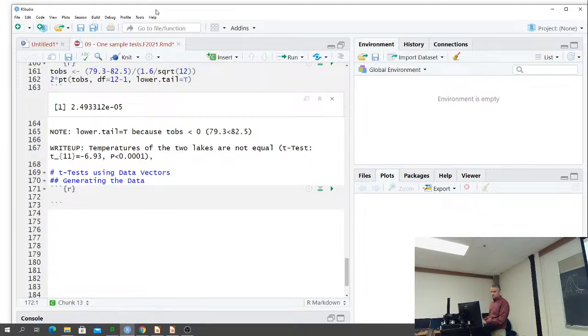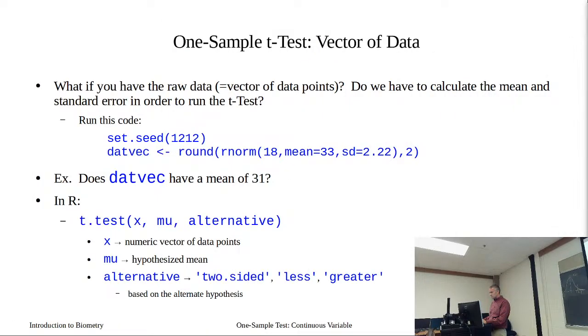And then I'm going to move this over and copy this code that I told you to generate. And make sure you run it so that we actually have dat-vec.